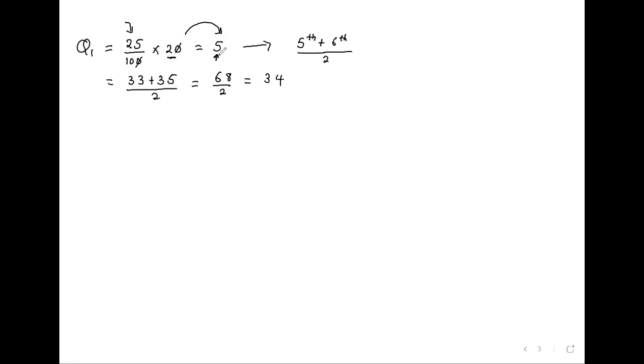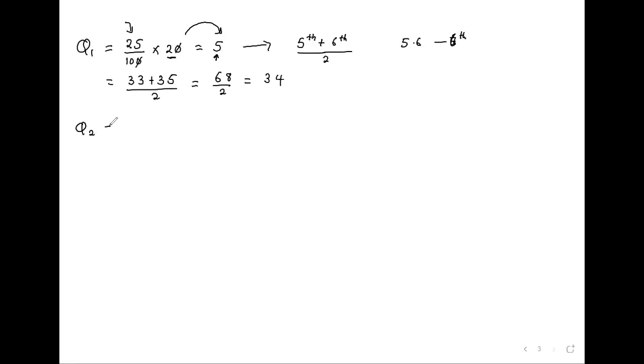If you get a decimal, like 5.6, you just take the next whole number, so it would have been the 6th position. But in this case, we got 5, so you get the 5th and the 6th position, add them, and then get the average as your first quartile.